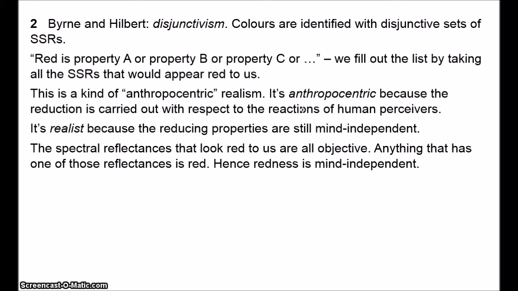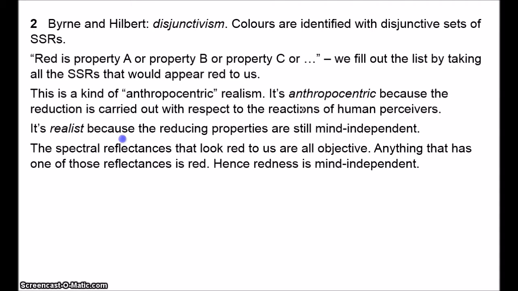Anything that has one of those reflectances is red. And that's a mind-independent property, because the reflectances are mind-independent. So although we have to consider the reactions of human perceivers in order to specify the set of reflectances, the reflectances themselves are mind-independent and objective. So this is still a form of realism.